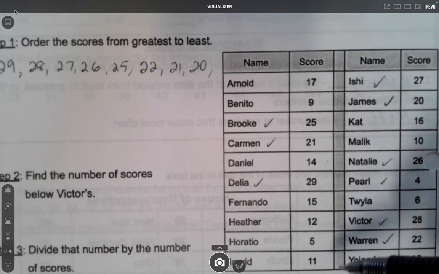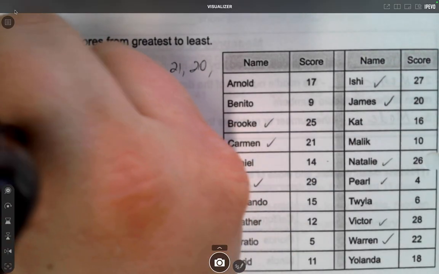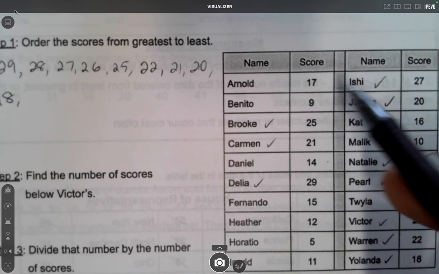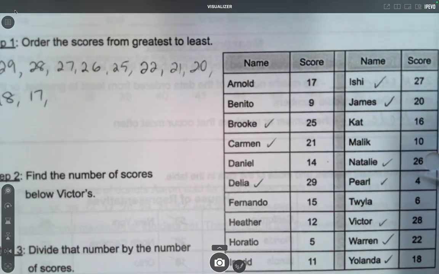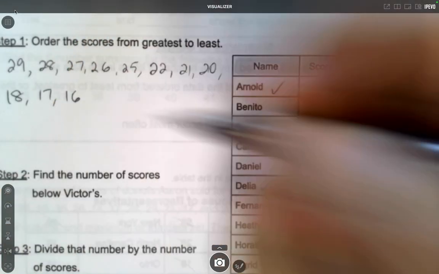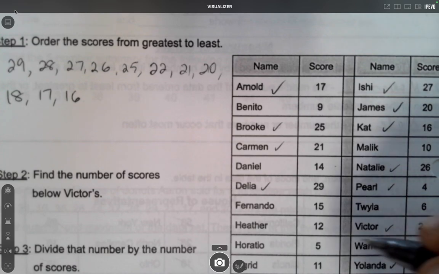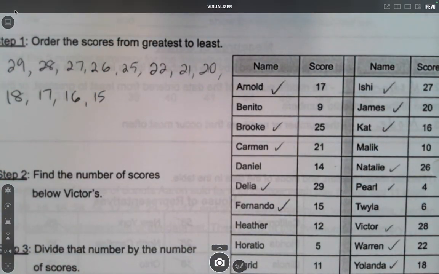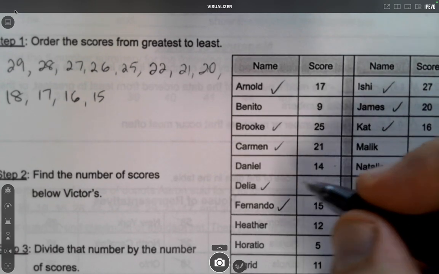Okay, are there any 19s? No, there is an 18 though. So let's put that there. There's a 17 right there for Arnold. 16 for Kat. 15 for Fernando. Look, 14.